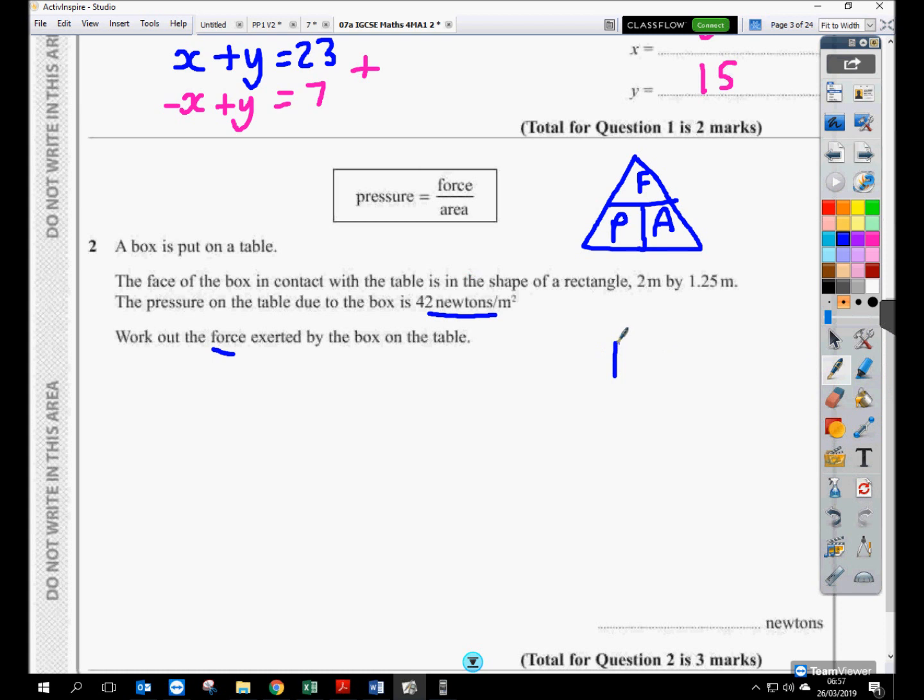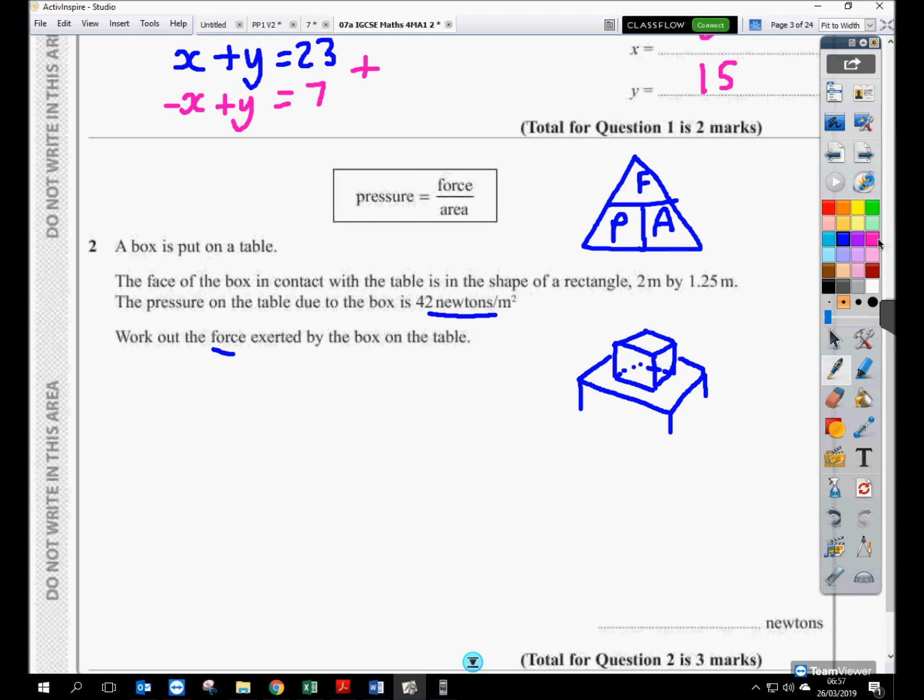So here's a box. Here's the table. What we're interested in is the area which is in the shape of a rectangle that is in contact with the top of the table.